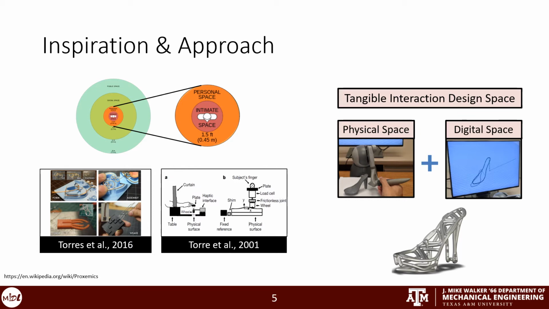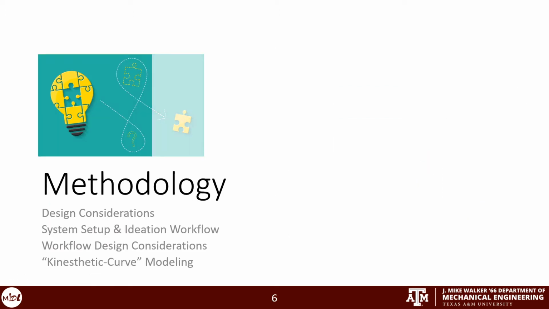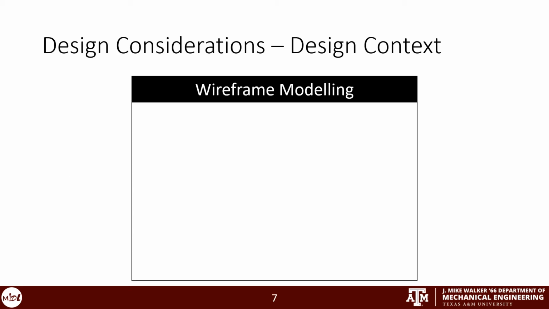To enable a smooth integration between the physical and digital spaces, we develop the idea of blended haptic feedback, wherein not only is the user able to touch the physical object, but simultaneously feel the kinesthetic feedback from the objects in the virtual environment. Now, I will explain some details about the design considerations, system workflow, and system design.